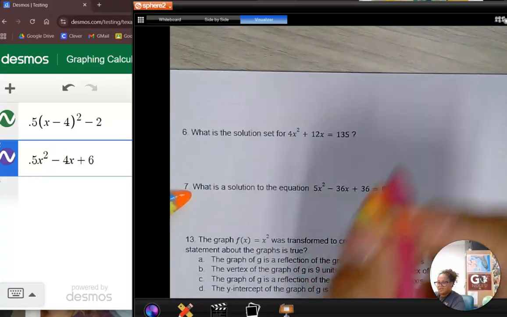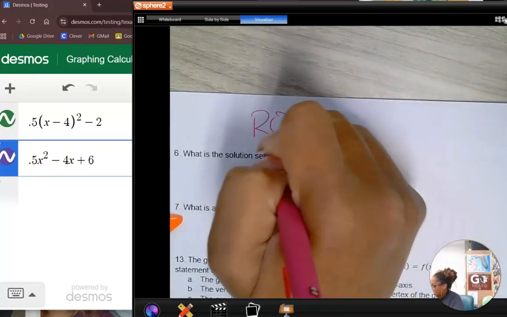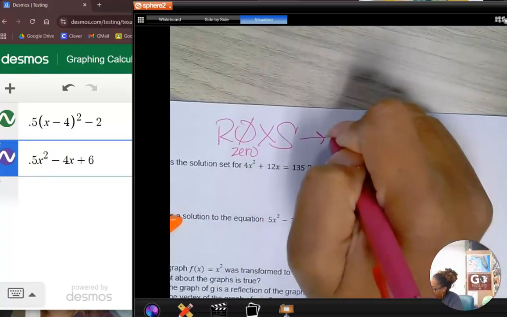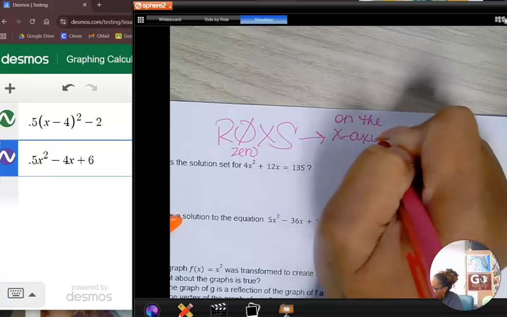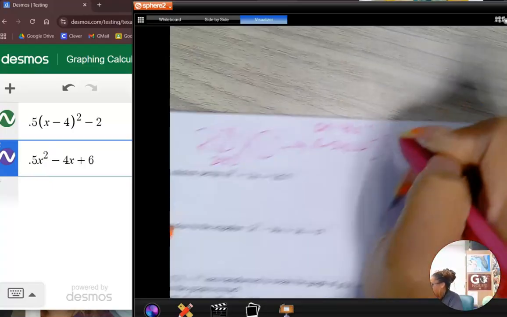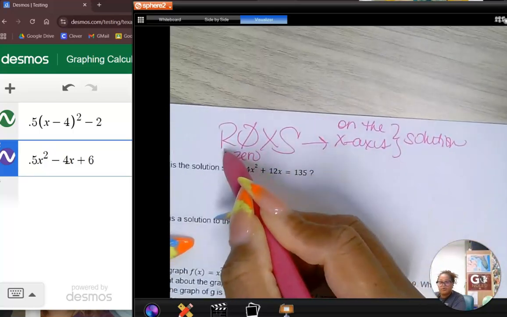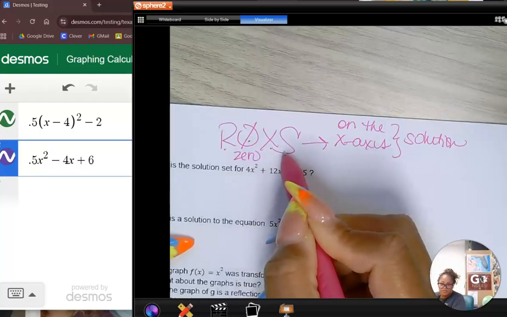All right, let's go on to the back. What is the solution here? Remember, our most important number is 0, okay? Our most important place is on the x-axis when we are finding the solution. That's part of rocks. Roots, zeros, x-intercepts, and solutions, okay?